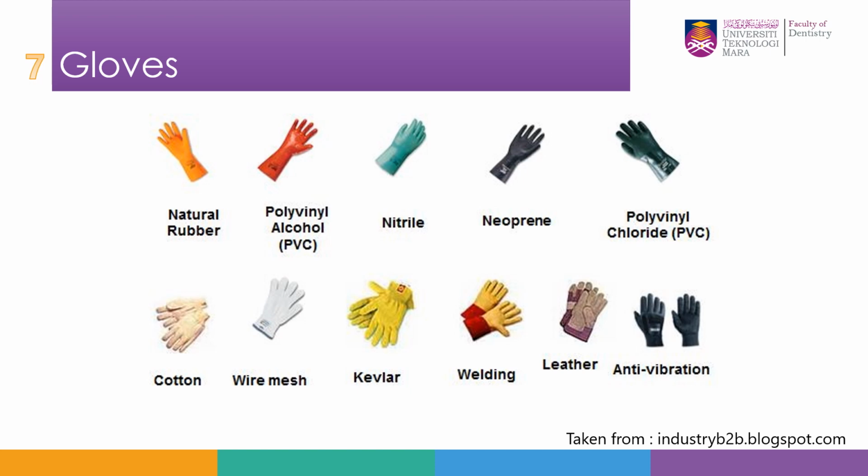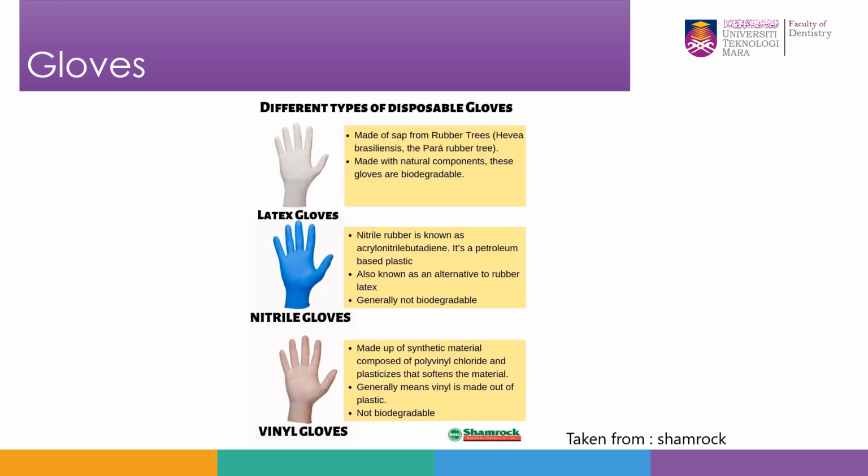None of these are used by us except for the natural rubber, because it is used by our staff to clean up our instruments in the CSSU, or Central Sterilization and Supply Unit. All right, these are the differences between the disposable gloves used by the medical and dental sector, or we call it the health sector.